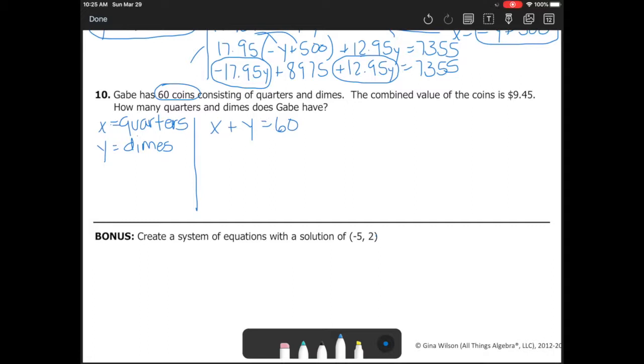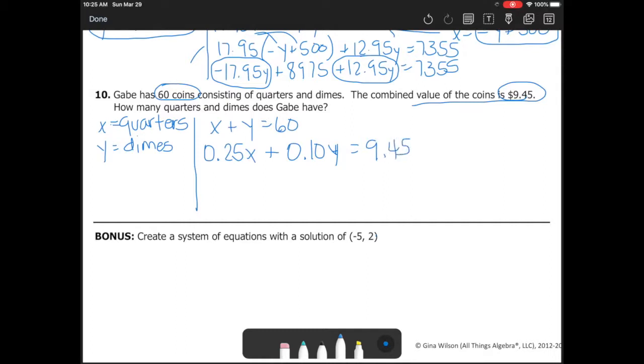The combined value is $9.45. Well, how do I know what the individual value is? How much is a quarter? A quarter is 25 cents. So 0.25 times the number of quarters, plus, how much is a dime? 10 cents. 0.10 times y, equals, I'm sorry, not 60, $9.45, the total.